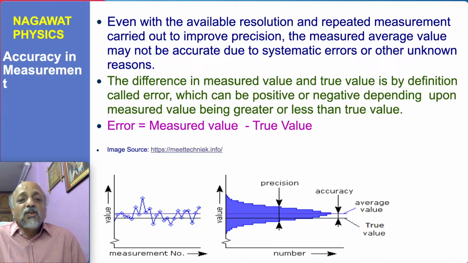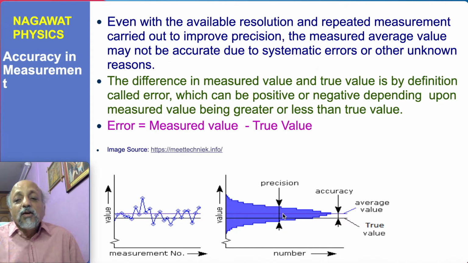The difference between the measured value and true value, as I told you earlier, is called error, which can be positive and which can be negative. Remember the difference. Error is measured value minus true value. But when you perform the experiment many times, then you get a Gaussian curve distribution like this, and the width of the distribution is an indicator for the precision.